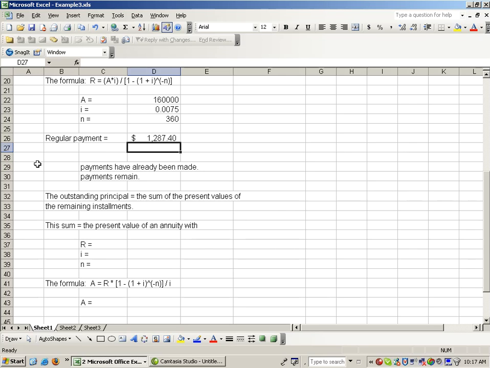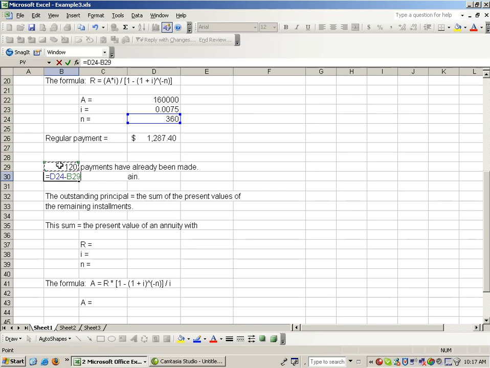So 10 years times 12 payments a year means that they've already made 120 payments. And since there's 360 total, and they've already made 120 payments, 240 payments remain.